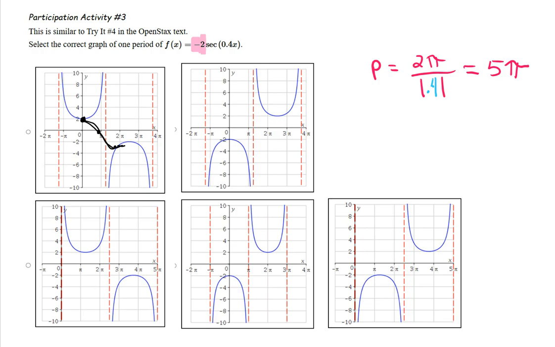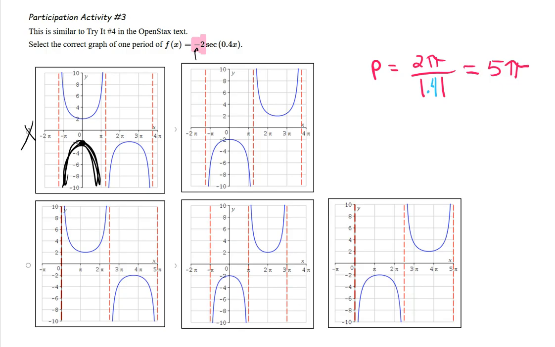That's what one period of your cosine would normally look like. But instead of starting here, because it's negative, it's going to start down here. So I'm looking for a graph that actually has the hump down here going through -2.